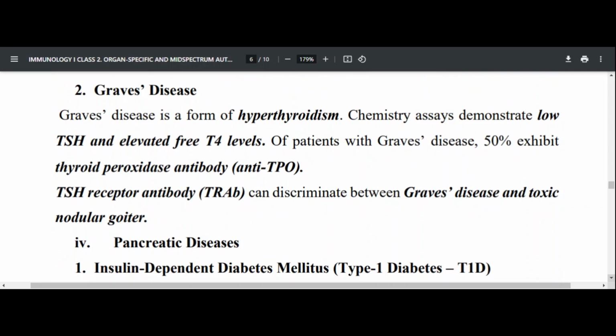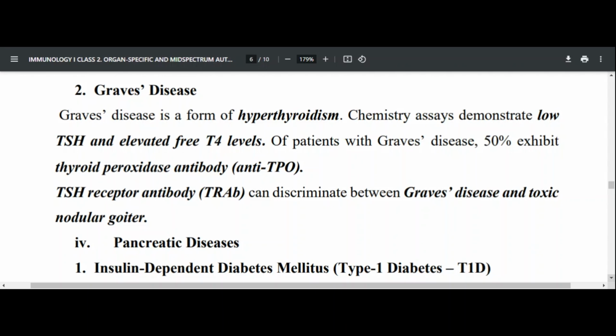Of patients with Graves' disease, 50% of them exhibit antibodies against thyroid peroxidase. You know that thyroid peroxidase is involved in the formation of thyroid hormones, by binding iodide to thyroglobulin protein, which is a precursor of those hormones.